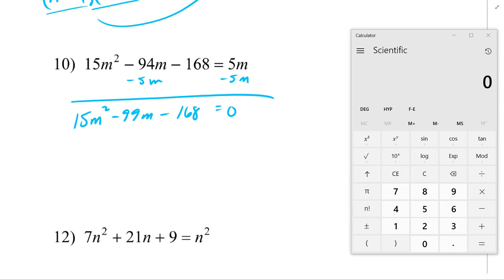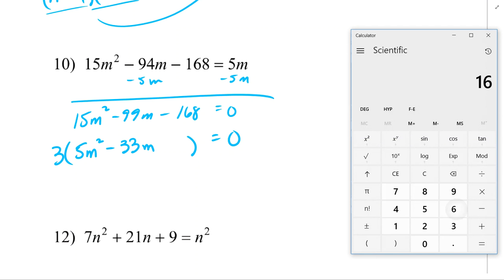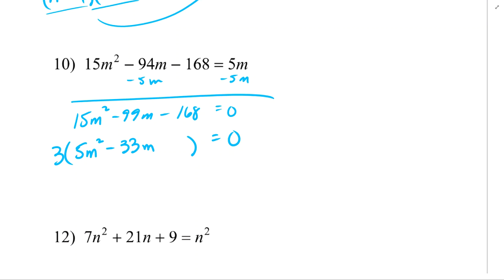Now I have a hunch, and I've got my calculator on the screen to check this, but I think 3 acts as a GCF in this case. So if that's the case, let's see, 15 divided by 3 leaves me with 5m squared. 99 divided by 3 leaves me with 33m, and this is the one I have to check. 168 divided by 3 is good. It's 56. It's a whole number.